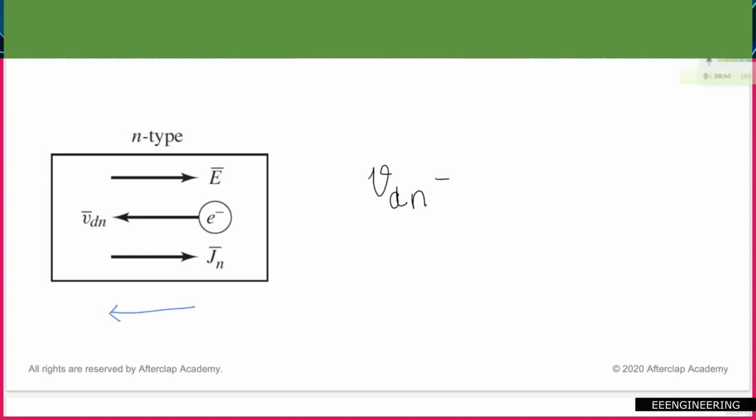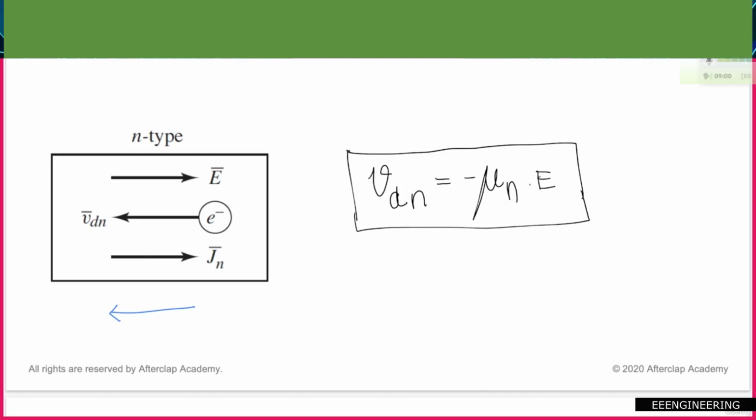So that's going to be equal to minus nu N, which is going to be mobility, but we're going to talk about it later, times E. So this is a quite simple formula. You know why? Because here we have the drift velocity. That's easy. We know what it is. And here we have mobility, and I will explain what mobility is in a detailed way in a bit. Then here we have E, and that E is electric field.